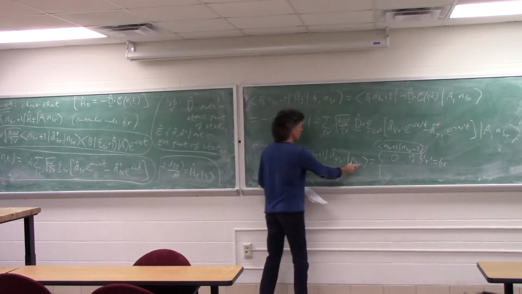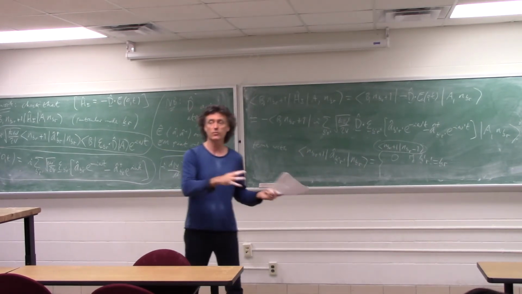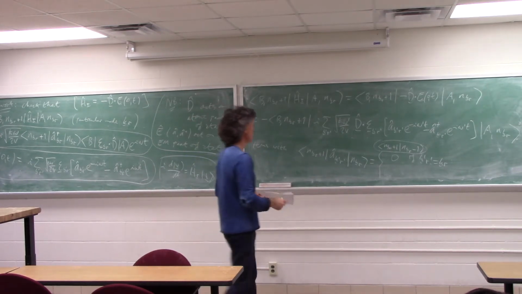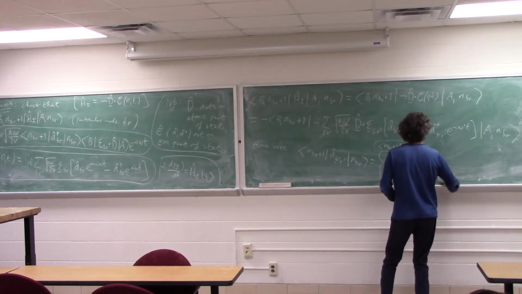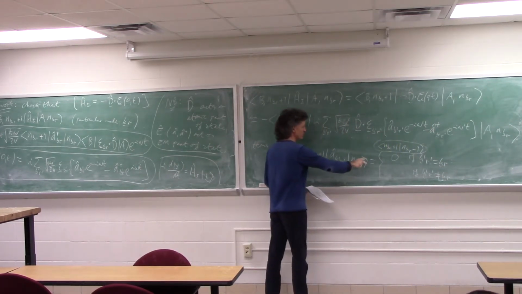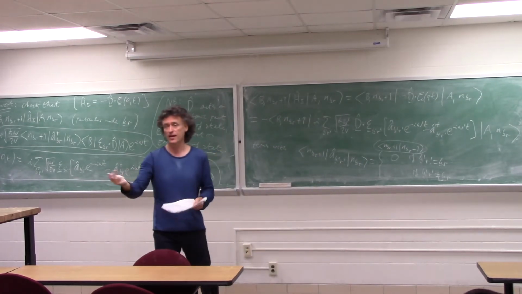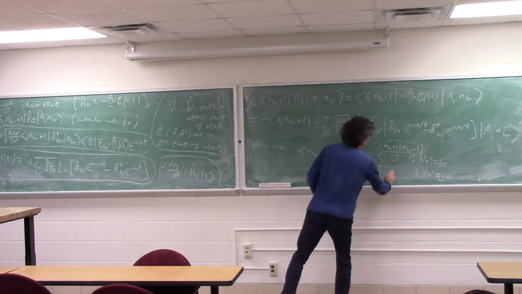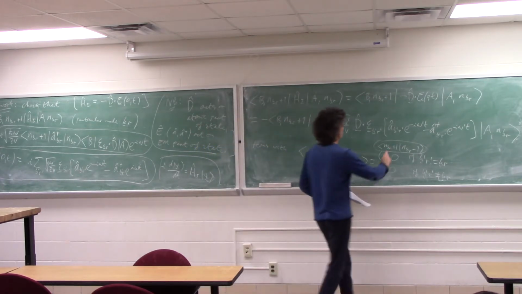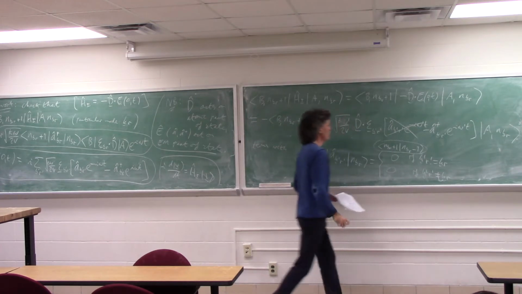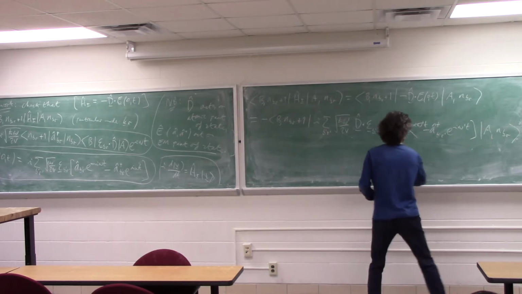Here I've lowered the occupation number, so I've got an inner product between a state with n minus 1 photons and a state with n plus 1 photons. They're orthogonal states, so this will be 0. If instead k' r' is not kr, and there are no other photons present in the other modes, then you have the ground state for the other modes. You act on it with the annihilation operator and you annihilate the state. So again, it's 0. So what does that tell you? It tells you that all of these terms are 0. There's no contribution from those terms.